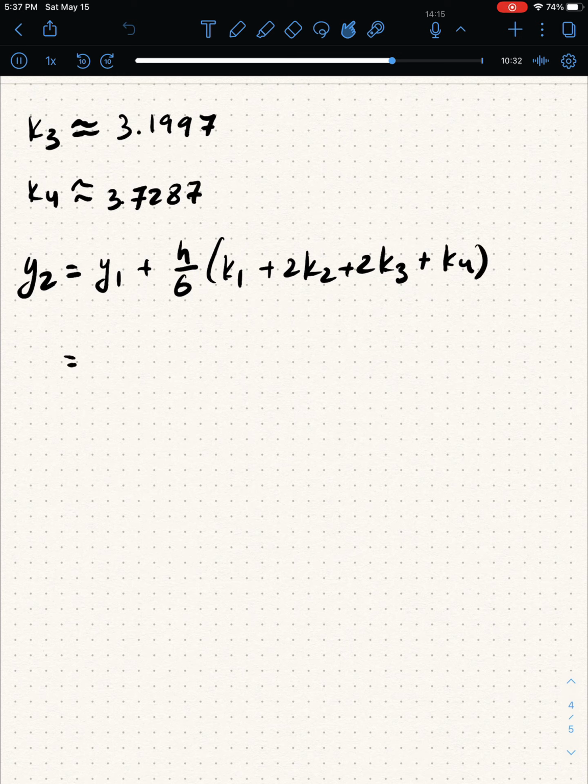So let's use those. We know that our previous value was 1.234 plus our same value of H, 0.1 over 6.